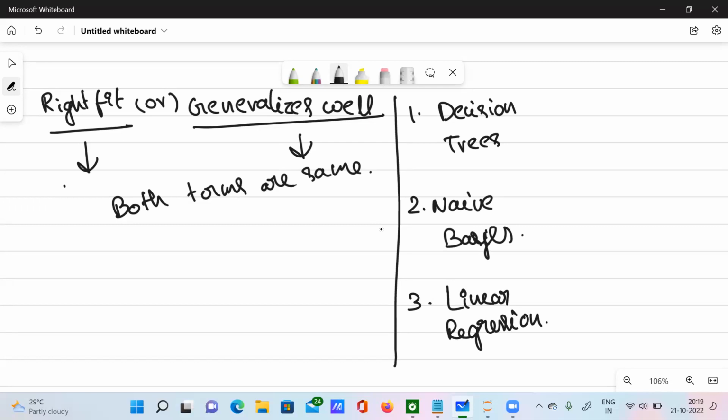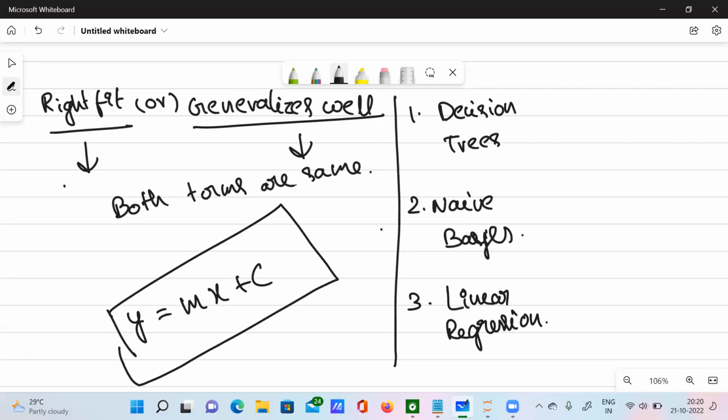All these machine learning models establish some kind of relation between the input and the output variables, which is nothing but y equals mx plus c. This particular equation is considered only when it comes to linear regression. What does this equation mean? Here x is the input variable, and what we get is the output variable, that is y.